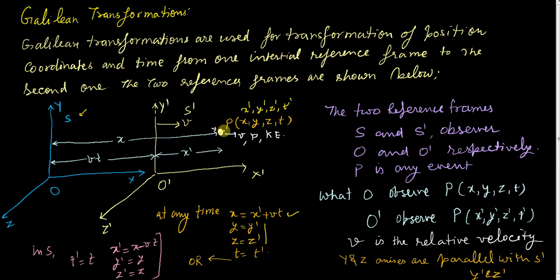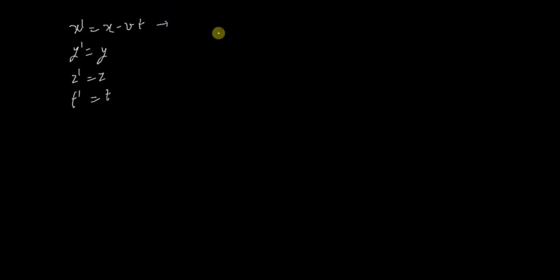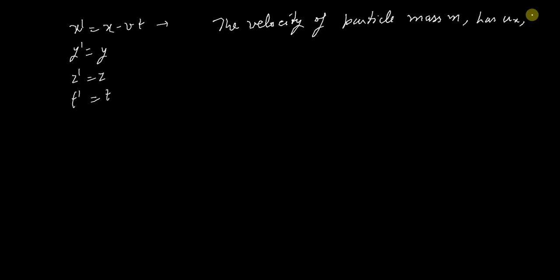We have to find the components of the velocity, momentum and energy of this particle in the S prime frame. The velocity of the particle of mass m has ux along the x-axis, uy along the y-axis, and uz along the z direction.